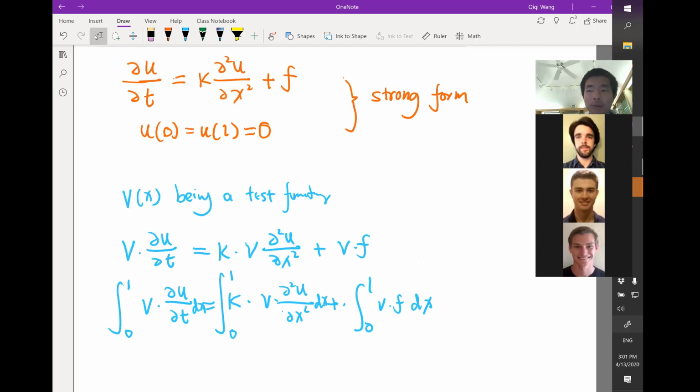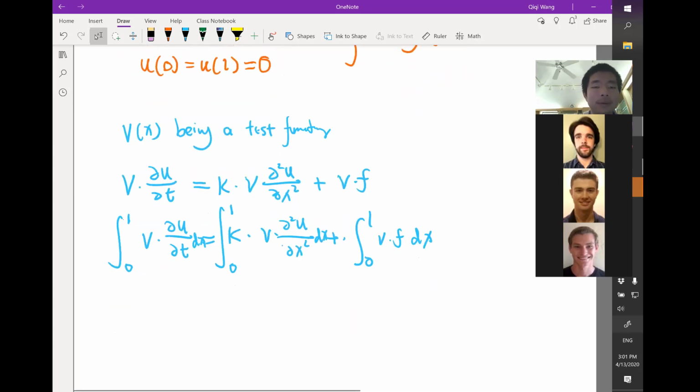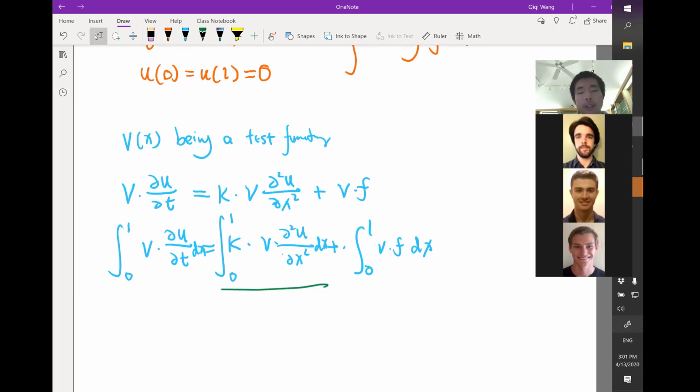To really get to the weak form, as one of you correctly pointed out, we need to perform an integration by parts. Particularly, we need to perform integration by parts on the term that involves the second derivative. The goal is to remove one of the derivatives on u and put it on my test function v. That's a step that weakens this differential equation, in the sense that it no longer requires my solution u to be twice differentiable.